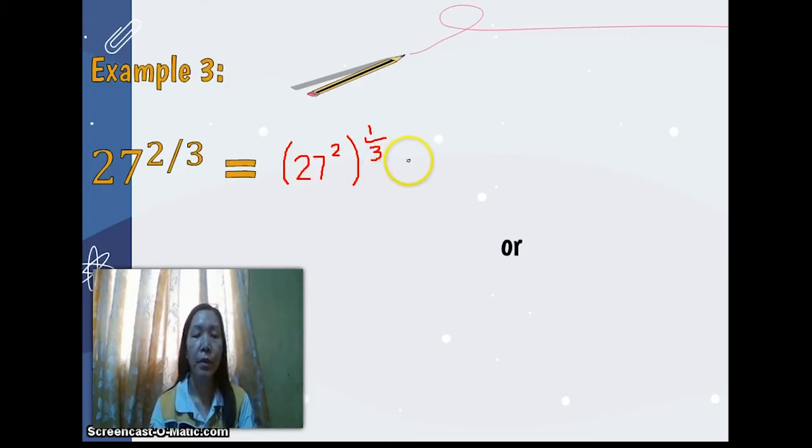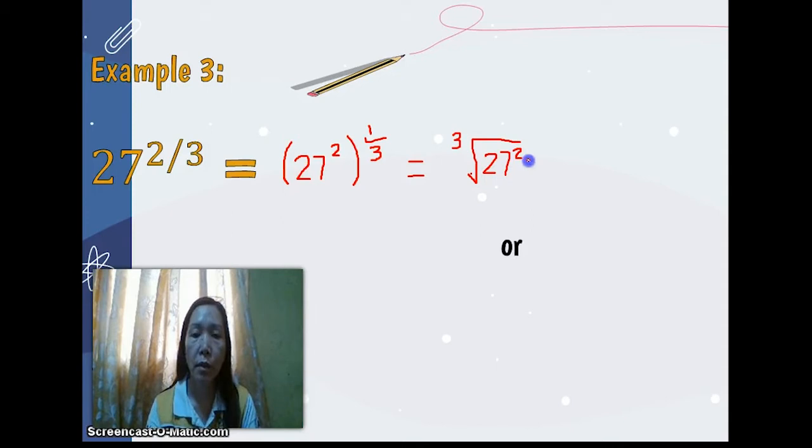This will be in radical form. You can express this as the cube root of 27 squared. We are going to simplify first what is inside the cube root. What is 27 squared?